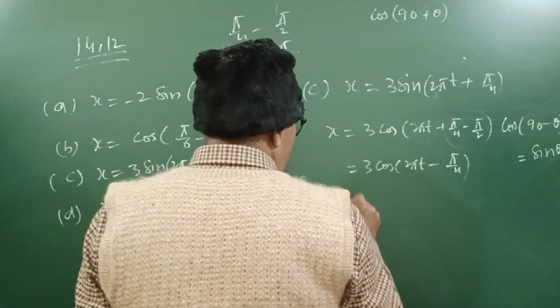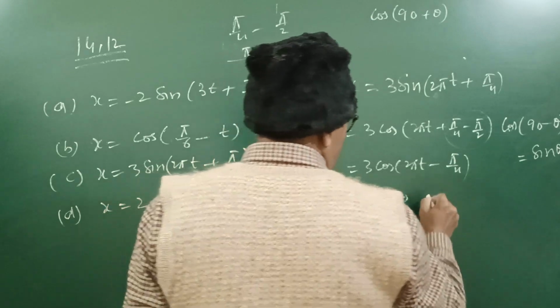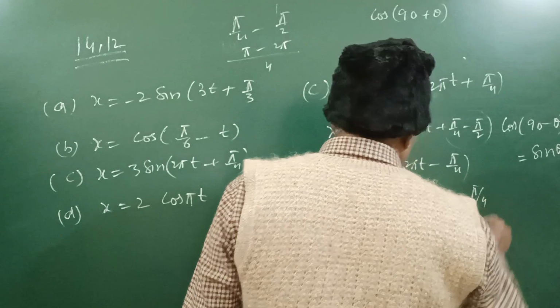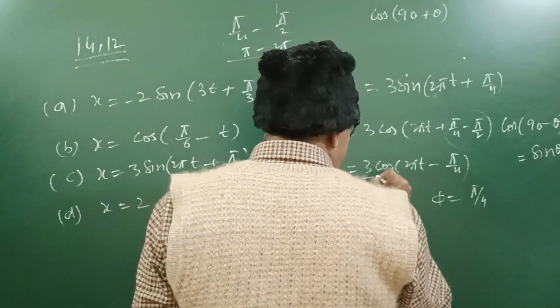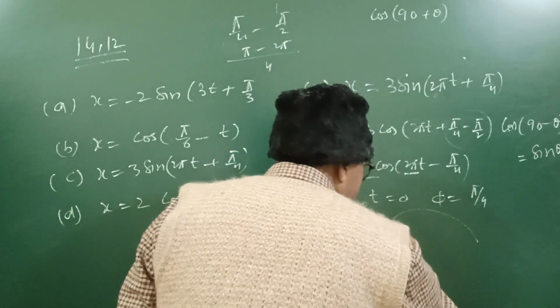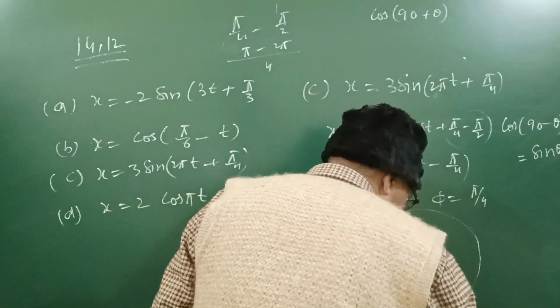So at t equal to 0, phi equal to minus pi by 4, meaning 45 degrees. Radius 3 centimeter, omega 2 pi. So the reference circle will be like this.